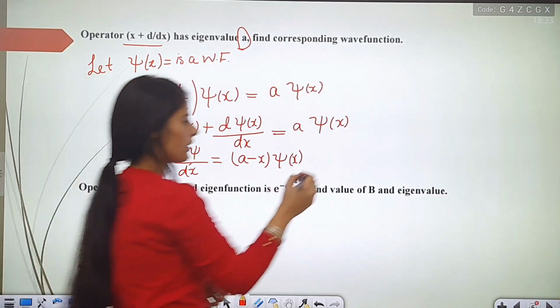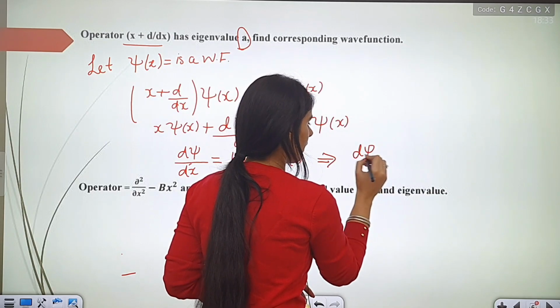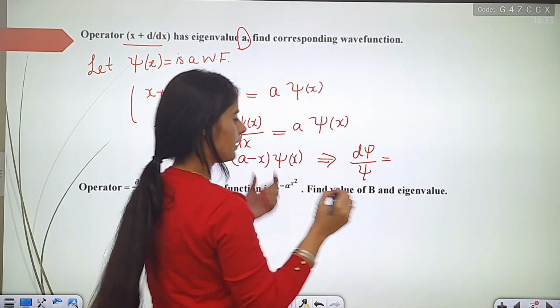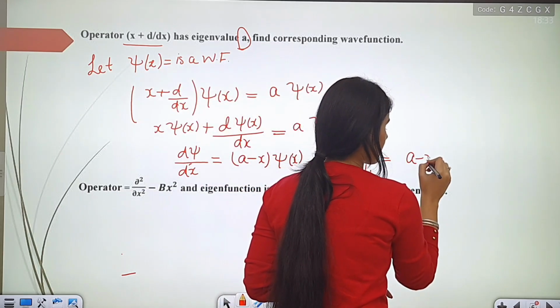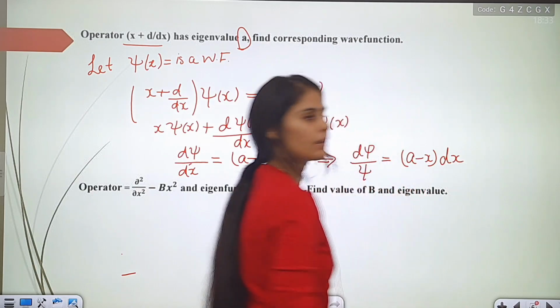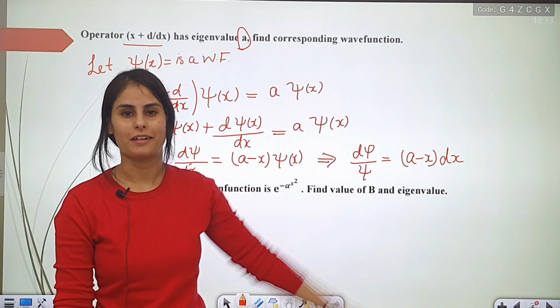Further rearranging it, we get d psi over psi is equal to a minus x dx. Now what are we going to do next? As always, integrate it.